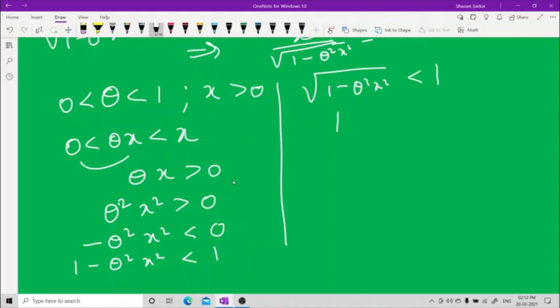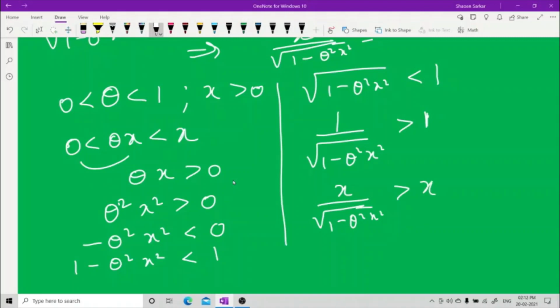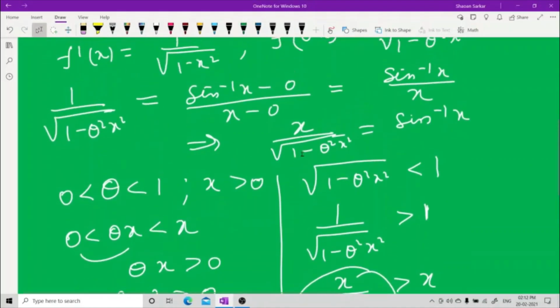Take the reciprocal: 1 upon under root 1 minus theta square x square is greater than 1. Multiply x on both sides: x upon under root 1 minus theta square x square is greater than x, and this whole quantity is nothing but sine inverse x.